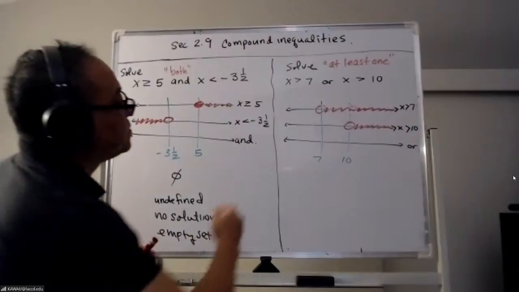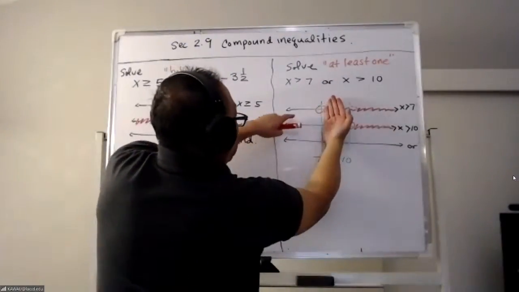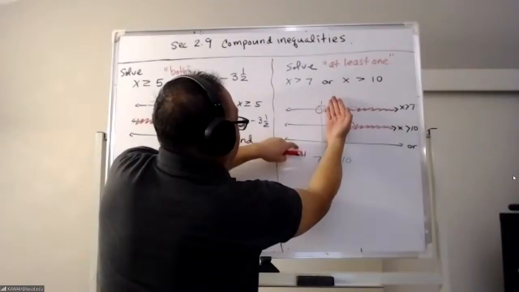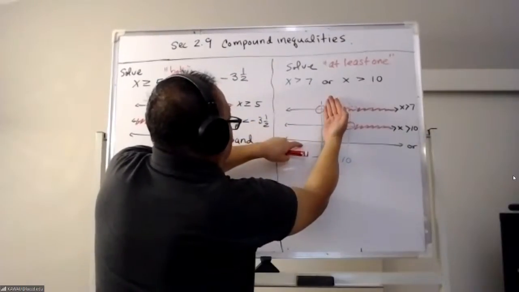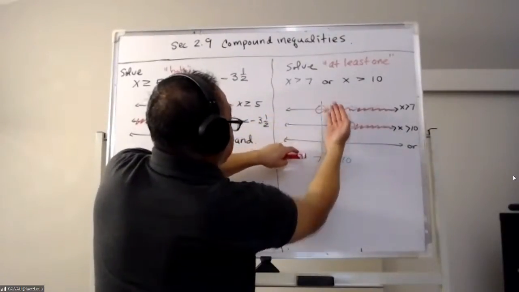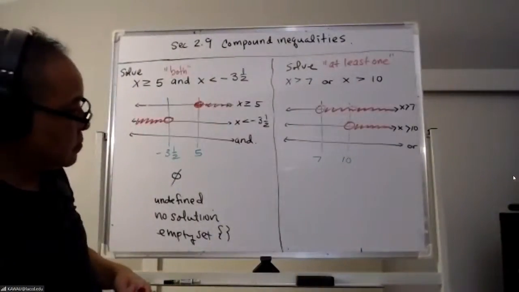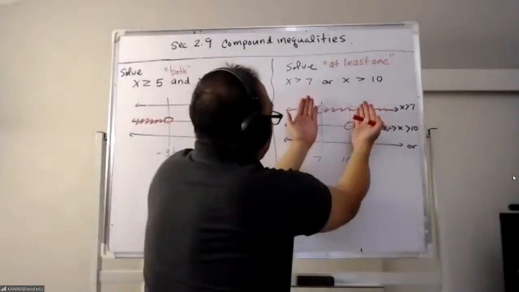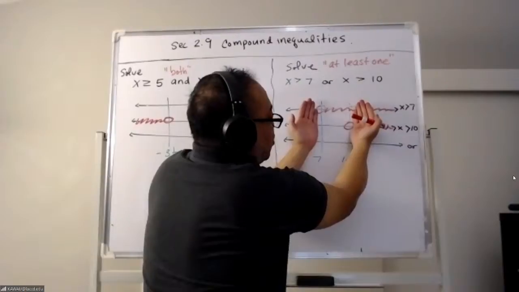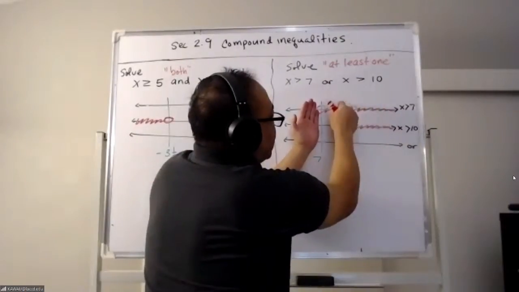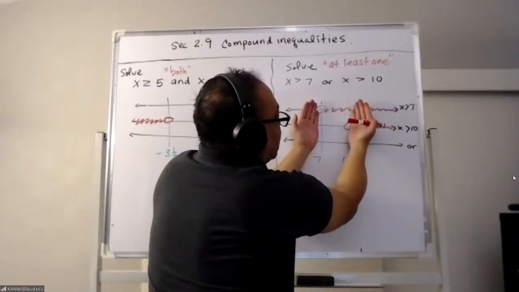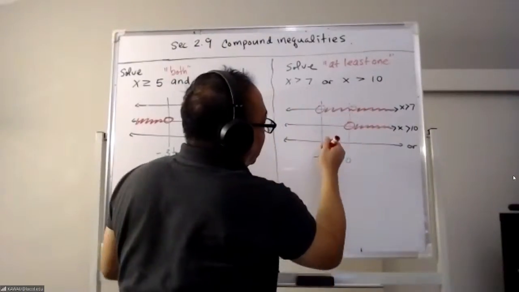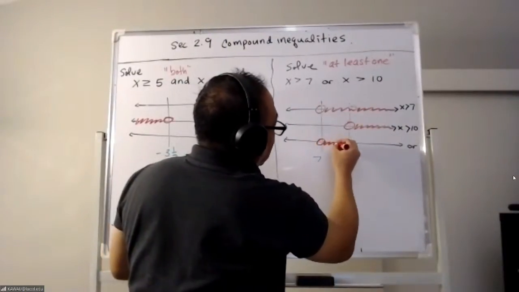Okay, now, is at least one of these shaded in? And the answer is no. Now over here, is at least one of these shaded in? Yeah, that one's shaded in. I only need one to be shaded in order for me to shade this in.